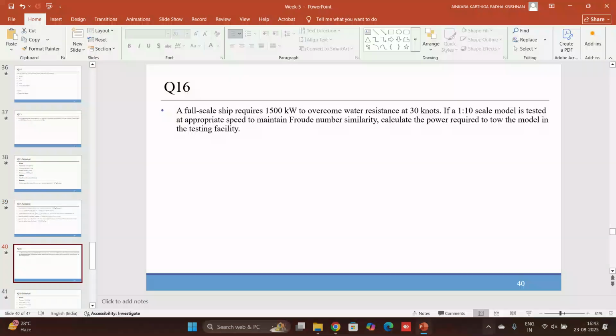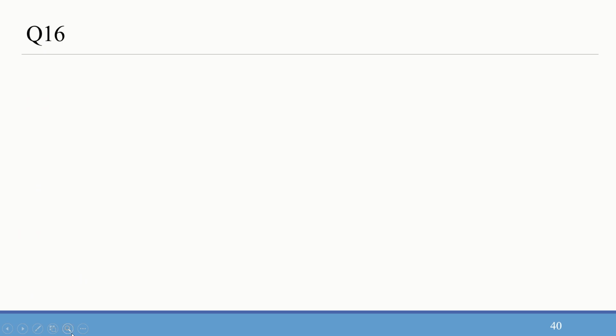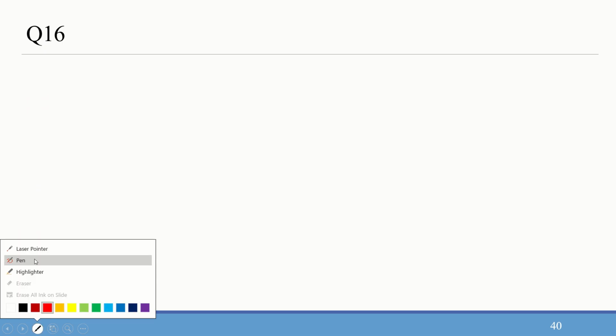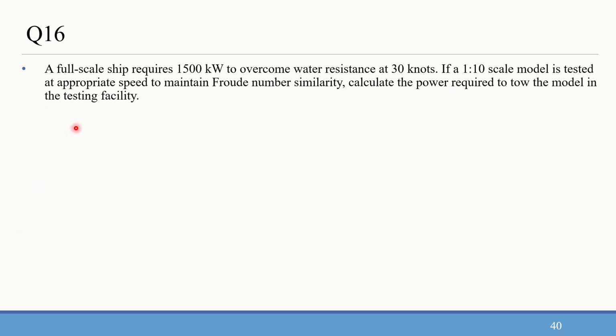Now we will go to question 16. Since we have been dealing with Reynolds number problems, let us deal with one problem different from Reynolds number. A full scale ship requires 1500 kilowatt to overcome water resistance at 3 knots.